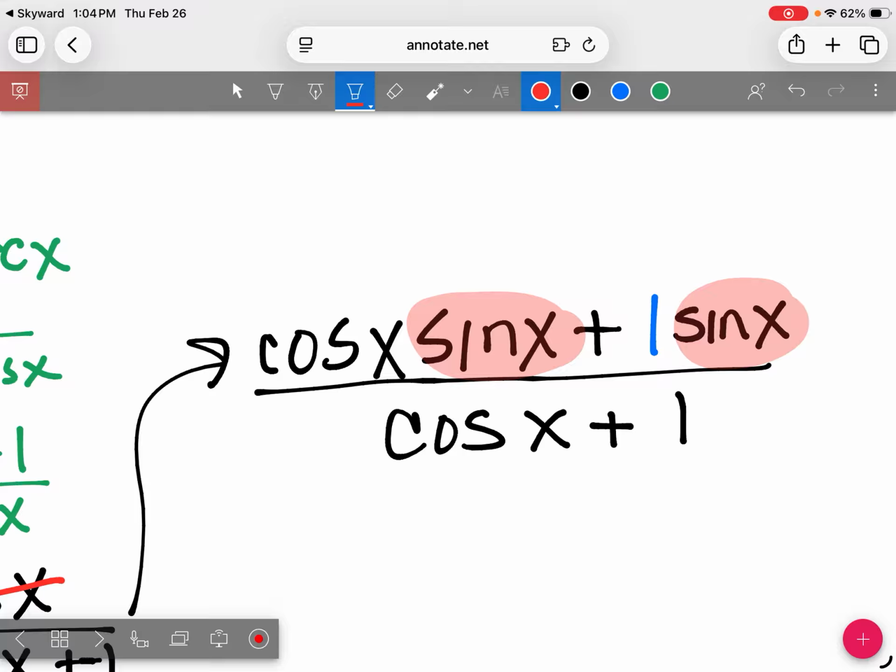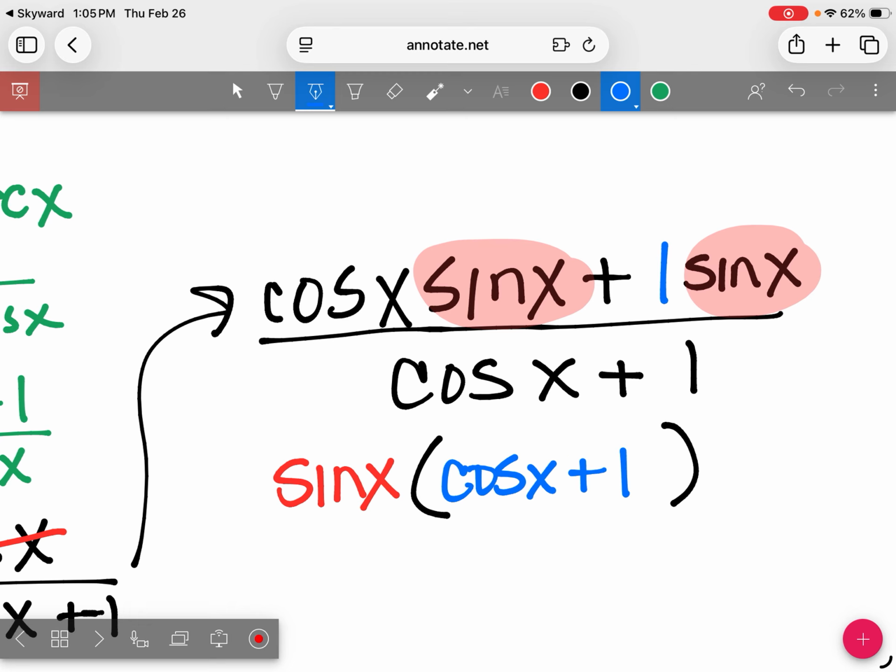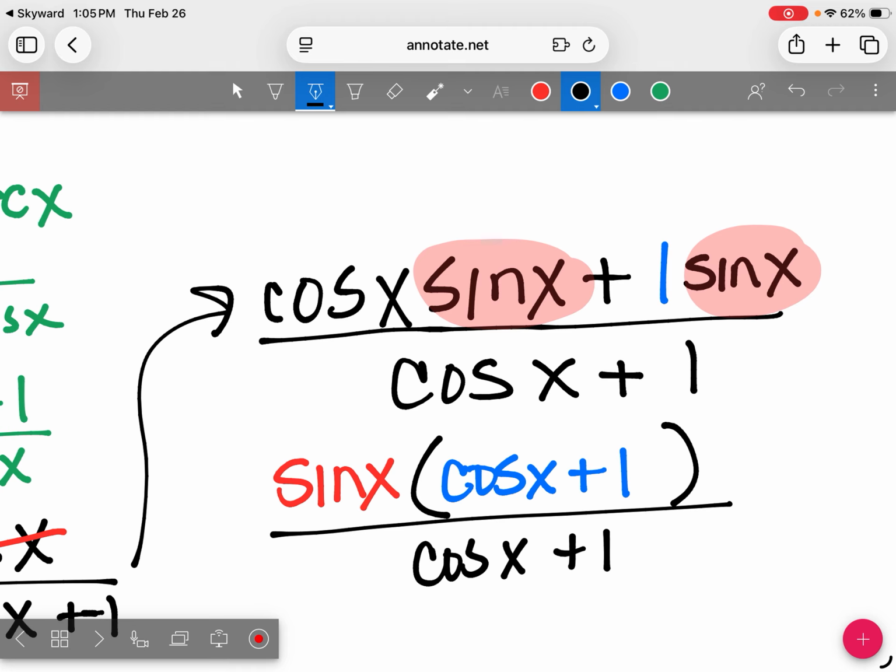And when I factor out the sine, that's coming out. What do I have left inside of the parentheses? Cosine x plus 1. So we factored out the sine, and now I have cosine x plus 1, and that's all over cosine x plus 1.